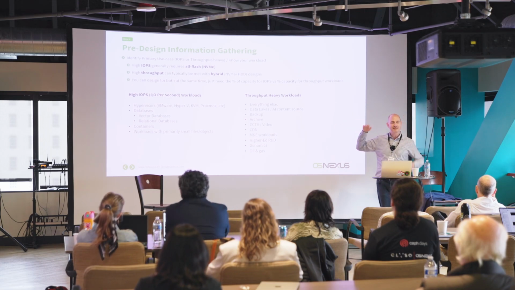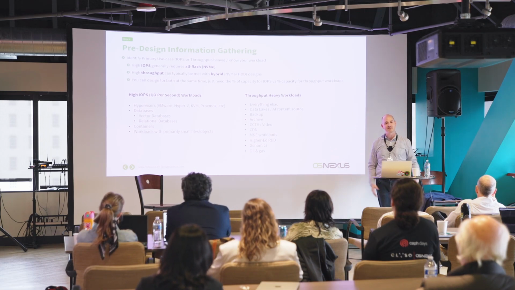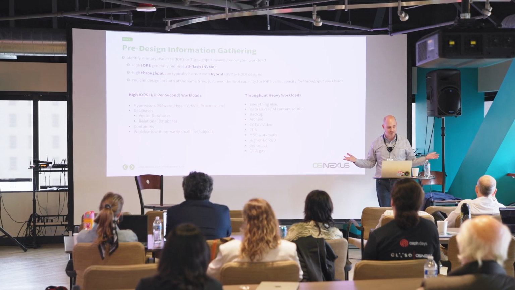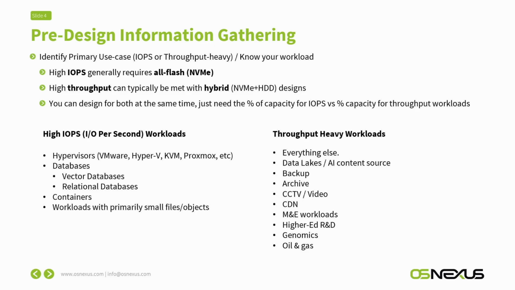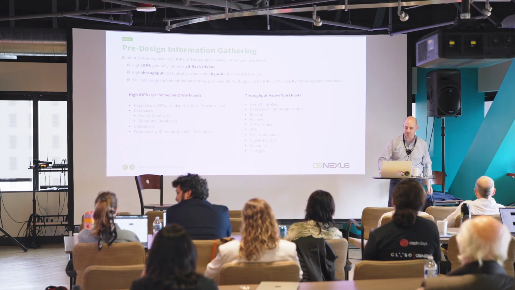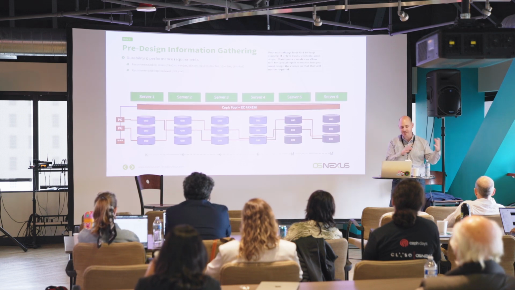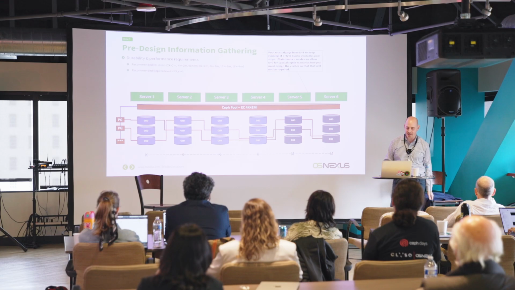The whole division of a Ceph cluster or a storage cluster, it's really two major categories, IOPS or throughput. And we identify that early on. And if there's a split where you need to do both, then we partition that cluster out and make sure that there's a percentage that's designed for that IOPS piece and a separate percentage that's designed for the throughput. So you can have a mix of replicas and erasure coding.